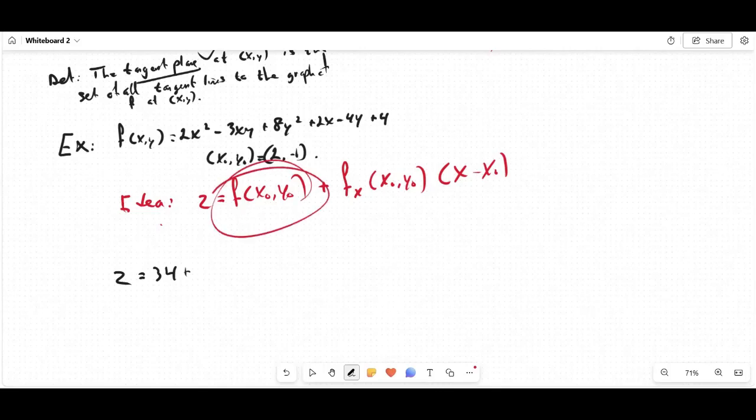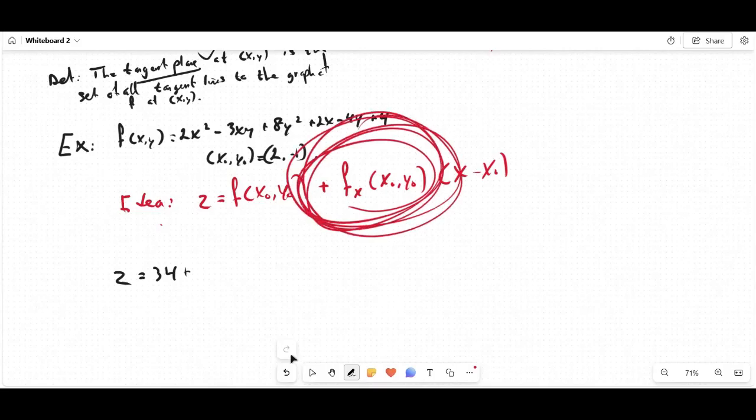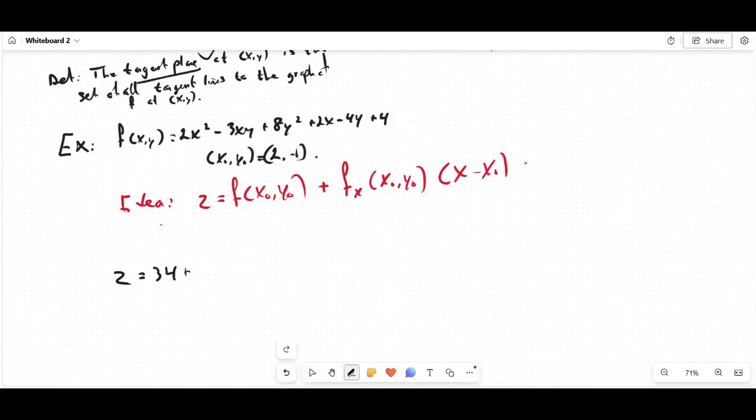So I'm starting off at the function value, and then I'm going to go up in the X direction at this rate. And then, of course, we're also going to have a slope in the Y direction, and it's got to be the derivative in the Y direction. So that's the idea. So 34 plus something and something.